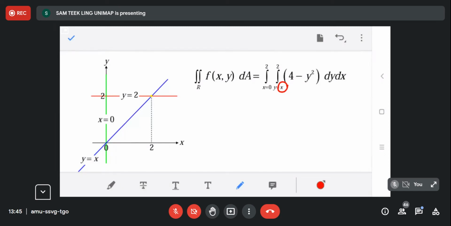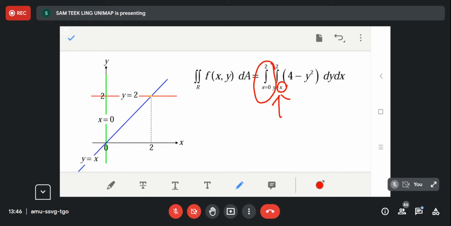The limit for your first integral can be a variable. So this first one can be a variable, but this second one must be a value or number. So your second integral must be a value.